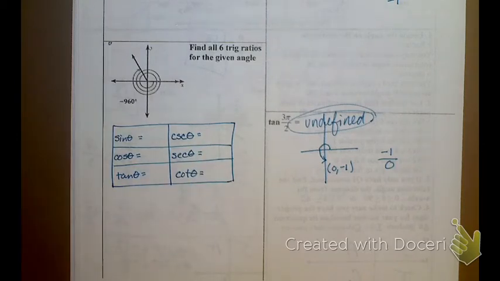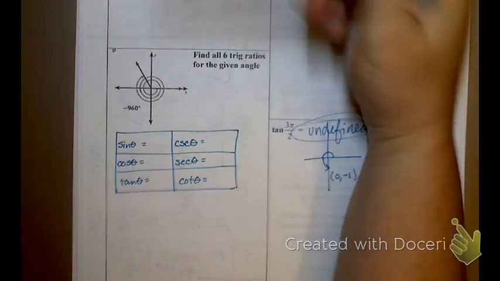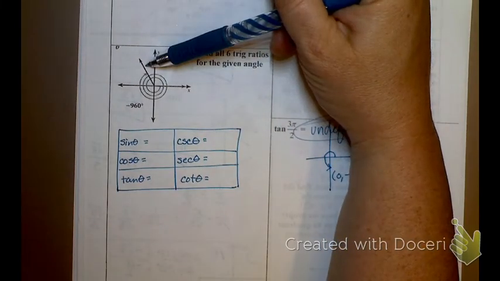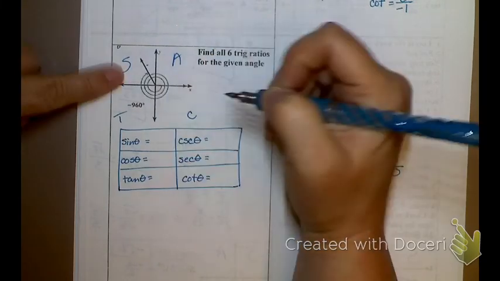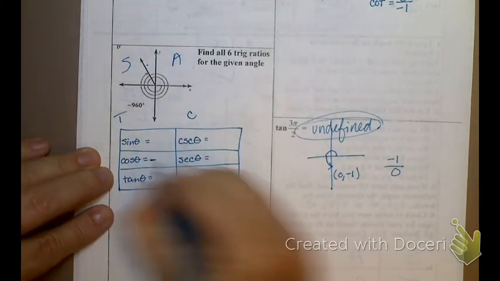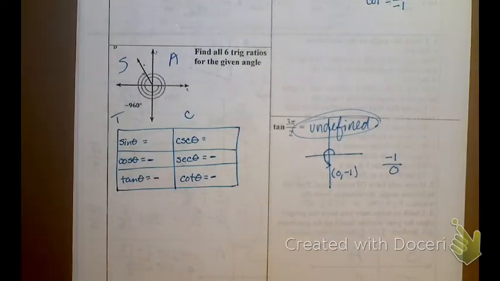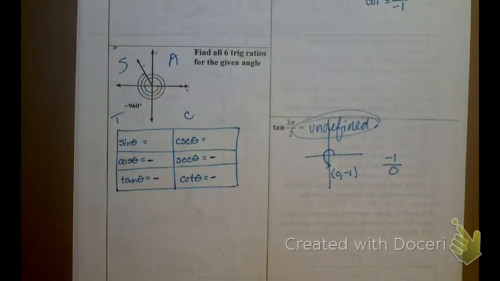All right. What quadrant are we talking about? Quadrant 2. So if I think about my All Students Talk Crap, sine is positive, which means cosecant is also positive. Cosine, secant, tangent, cotangent, all negative. Can you explain how you know which ones are positive and which ones are negative?